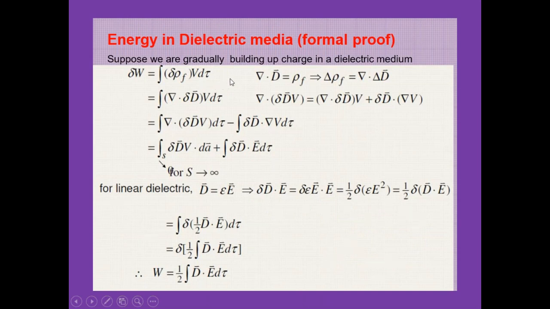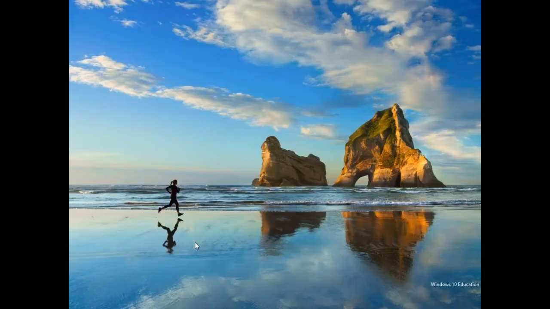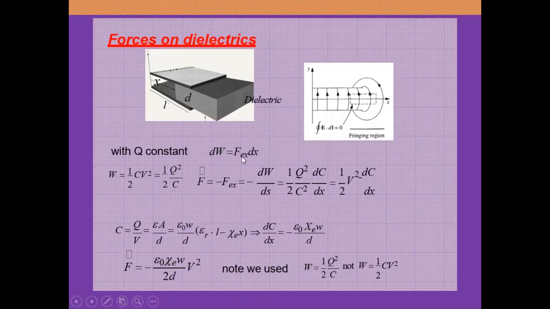Suppose we are gradually building up charges in a dielectric medium. So for a linear dielectric, we use this, and this is what we derive from this. Forces on a dielectric with Q constant. So we have W equals the integral of F dx, and we compute with this.